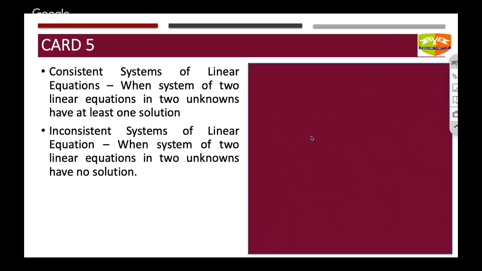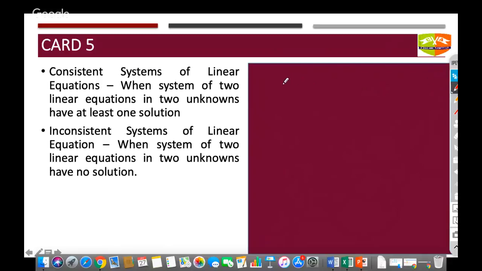See what happens when we have a pair of simultaneous linear equations. There are actually three possibilities. Suppose I am taking a1x plus b1y is equal to c1, and a2x plus b2y is equal to c2. What it does is that I have three cases possible.